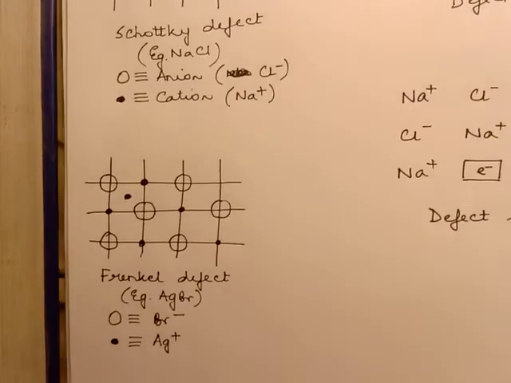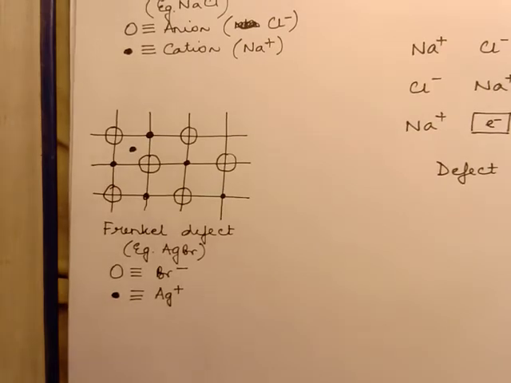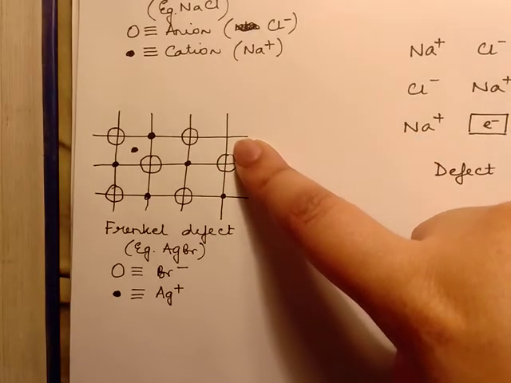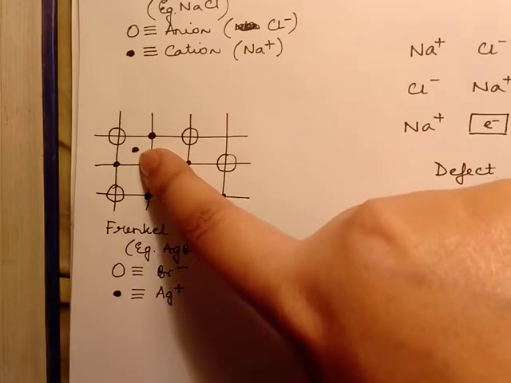The next type is the Frenkel defect. The Frenkel defect has been represented, it is common in certain compounds such as AgBr, and in case of Frenkel defect, the size of the anion and the cation should be such that the cation can get accommodated between two anions. As you can see in the crystal lattice, one Ag+ is missing from this crystal site and it is present over here interstitially.